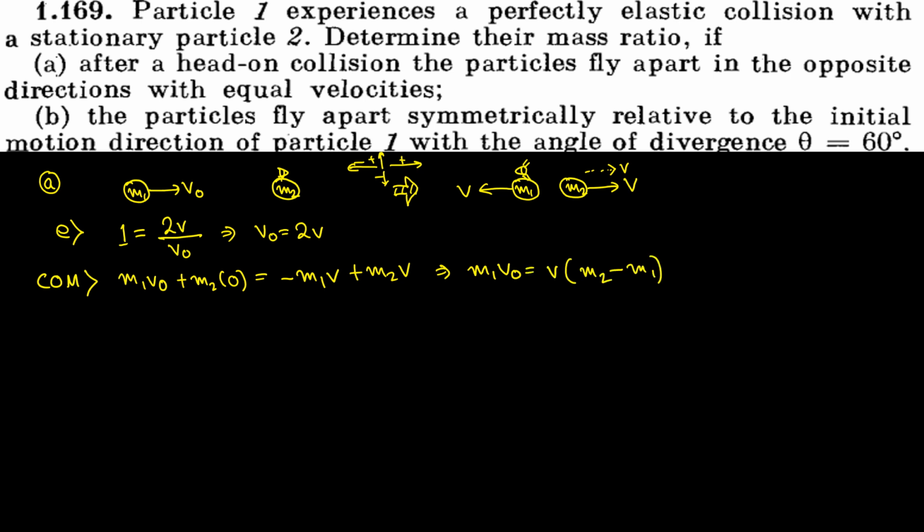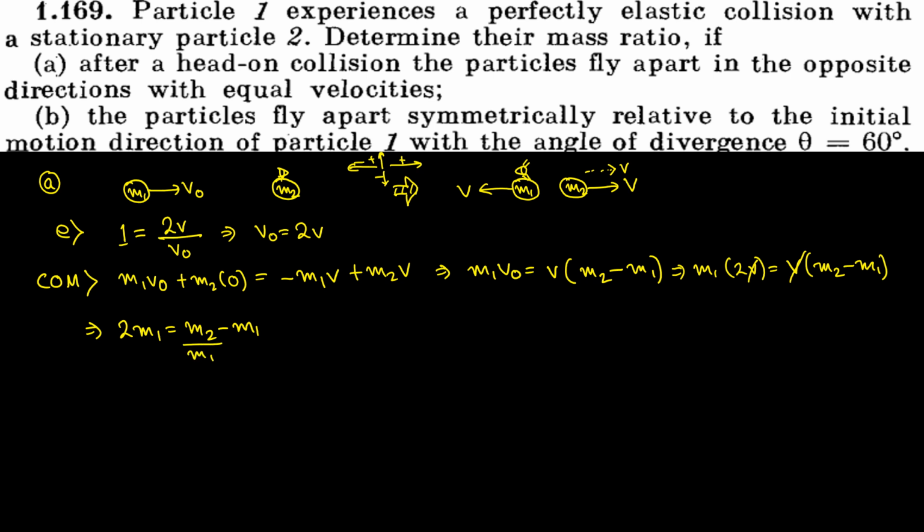The value of v naught was 2v, so m1 into 2v equals v into (m2 minus m1). The v's get cancelled, so our equation is 2m1 equals m2 minus m1, and you have to find the ratio of m2 by m1.